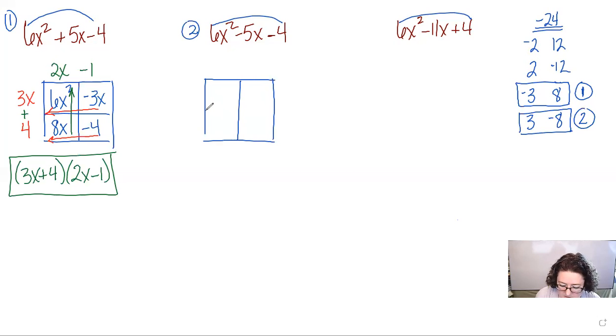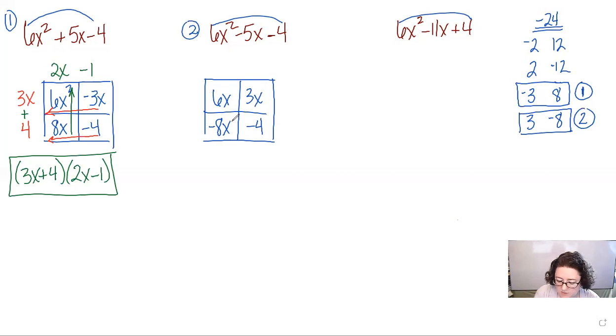I'm still going to put the 6x squared and the negative 4 in the first and last box, but now I'm going to use a positive 3x and a negative 8x. And you'll notice the way I have it, I still have that negative sign in common between an entire row or an entire column, so I'm going to be able to factor out that negative just fine.